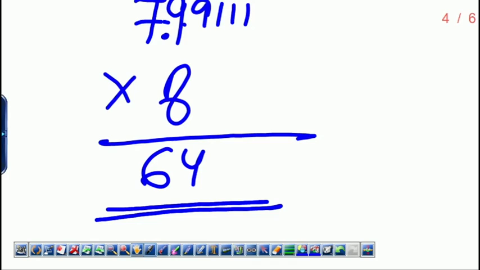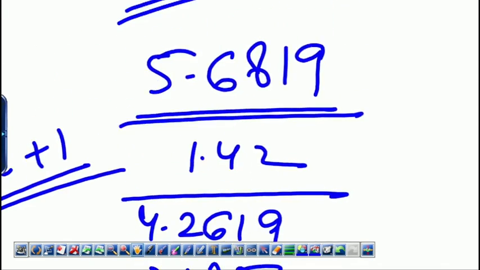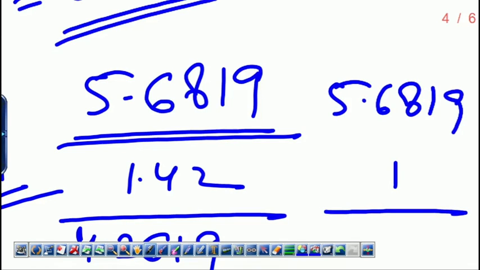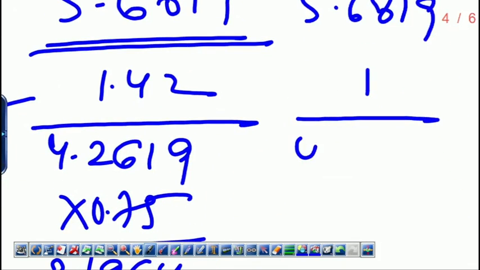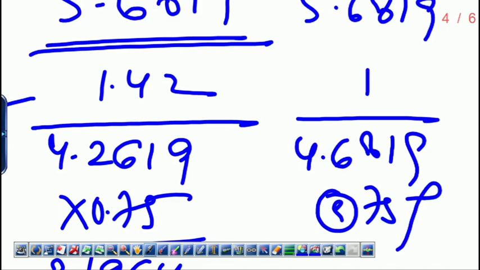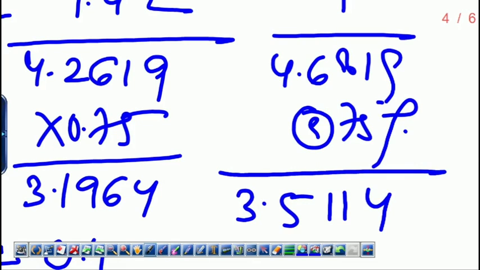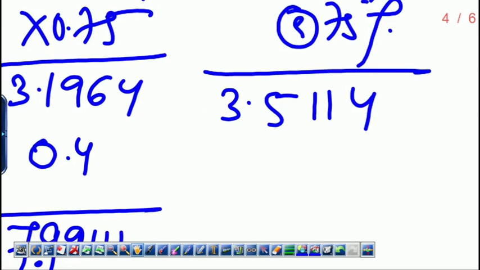And option 2, we have this 5.6819 EBIT. Interest remains at 1 because we are not issuing extra debt. So this is 4.6819, post-tax at the rate of 75%. So PAT is 3.5114. Now the number of shares will go up because we are issuing shares.